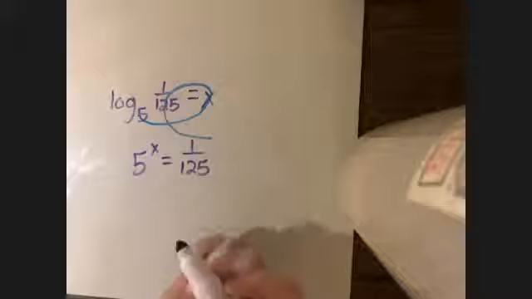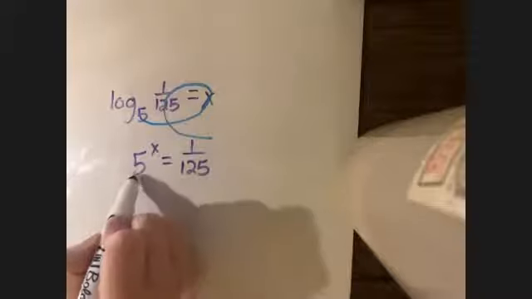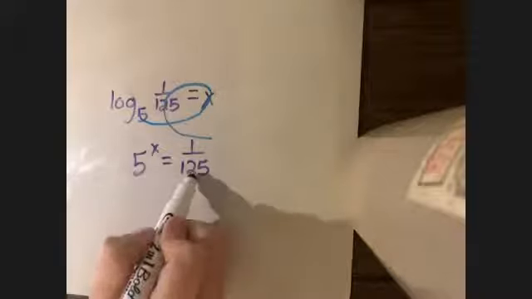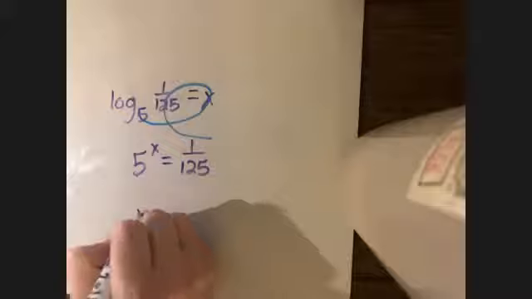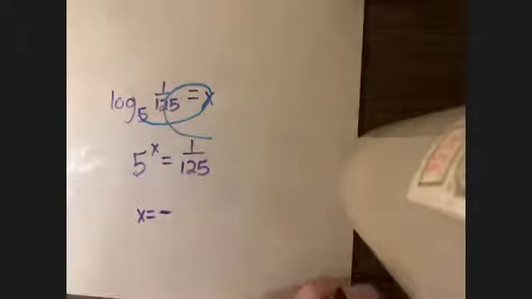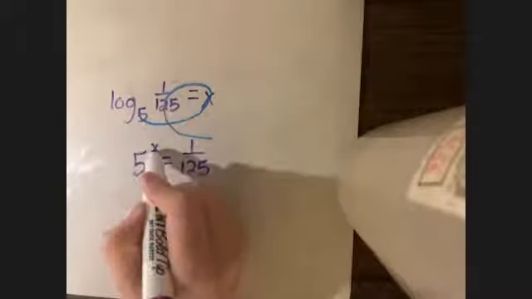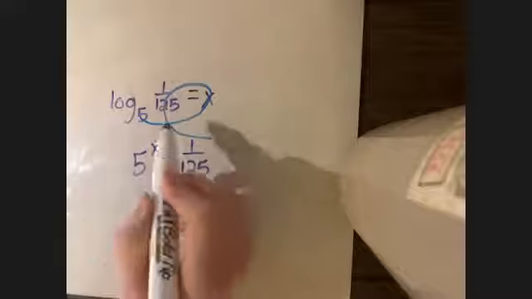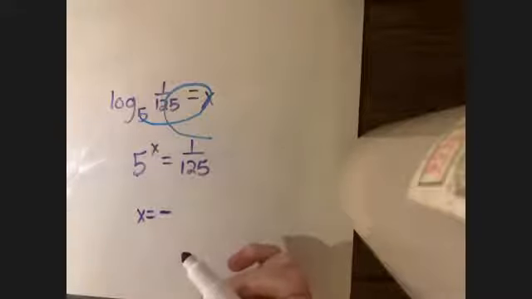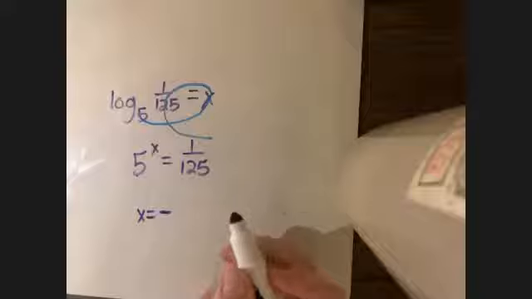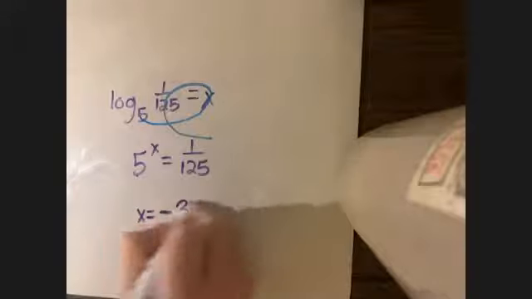Now, guys, thinking back to the last section that we just did, in order to get this to go underneath the exponent, it's going to have to be a negative. If this power is negative, it's going to drop it under. So now 5 to the what power gives me 125? 5 squared is 25, and then times 5 is 125. So that's going to be 3. So x is going to be negative 3.